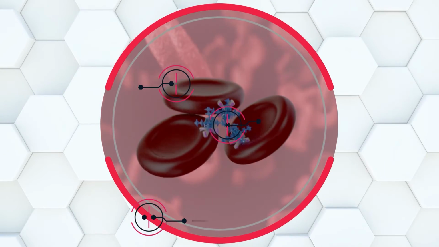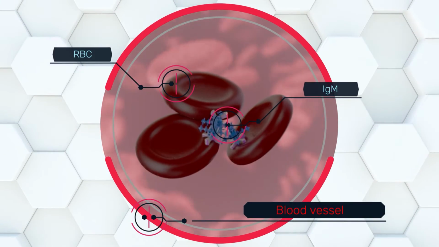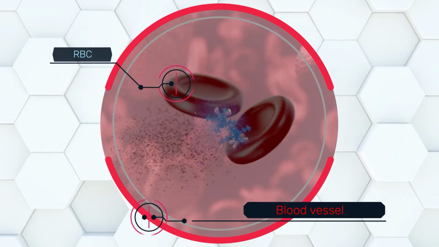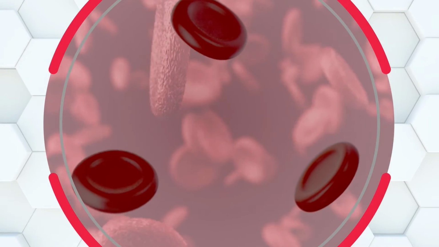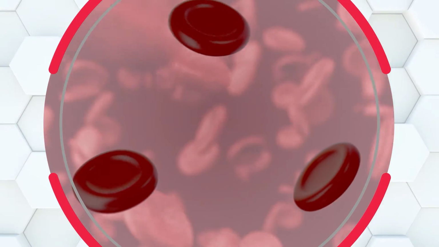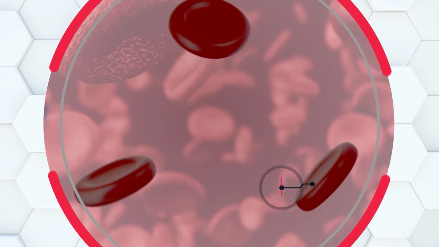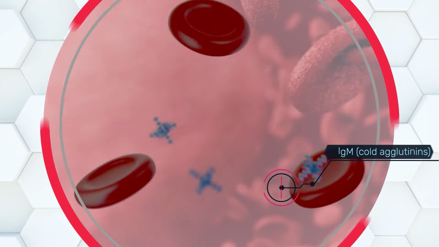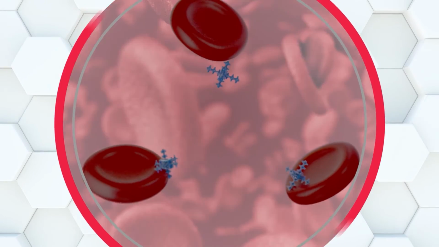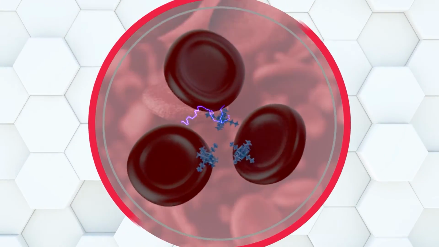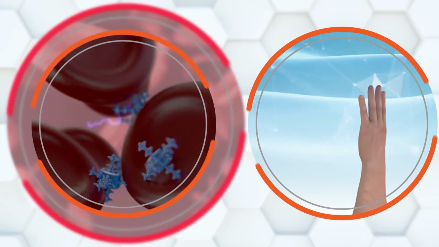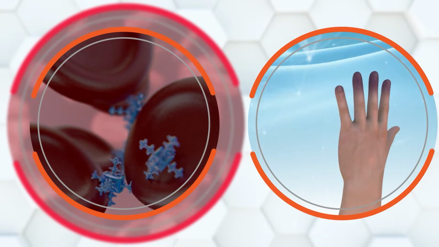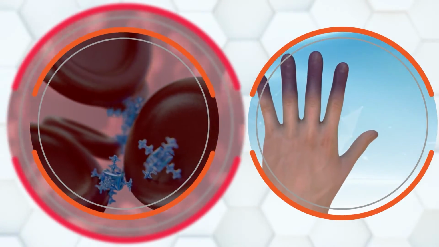Cold agglutinin disease is a rare form of autoimmune hemolytic anemia in which the immune system mistakenly targets and destroys red blood cells. In CAD, abnormal cells in the bone marrow produce immunoglobulin M antibodies called cold agglutinins that can attach to red blood cells. This causes the blood to agglutinate in cool conditions. People with CAD commonly experience agglutination in the peripheral circulation, such as the fingertips.